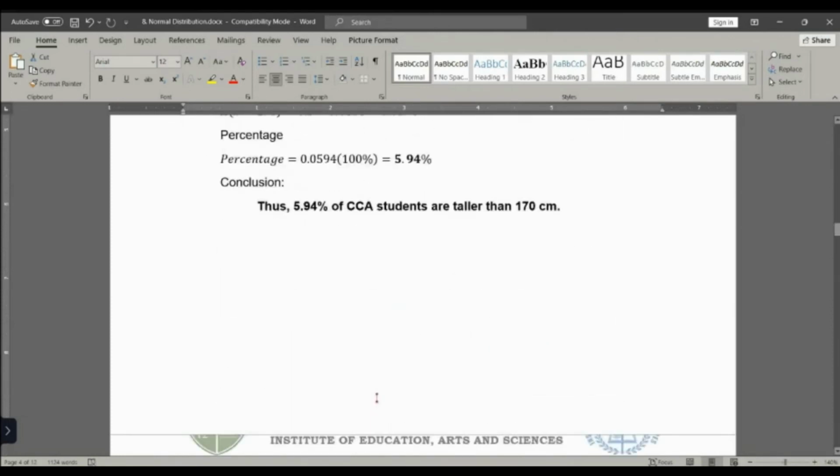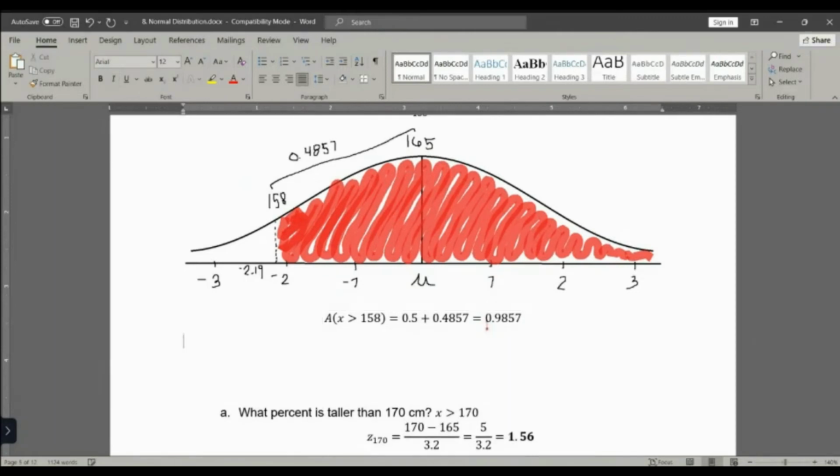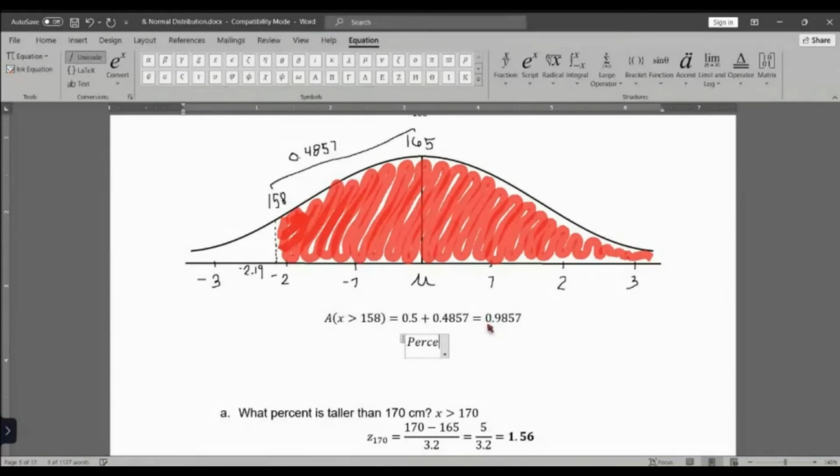Okay, so addition, we now have 0.9857, right? 0.9857 in percentage. That is equivalent to 98.57%.